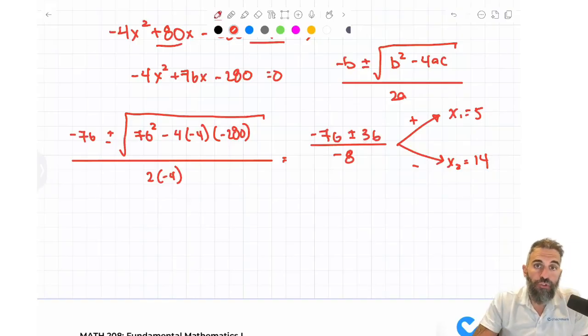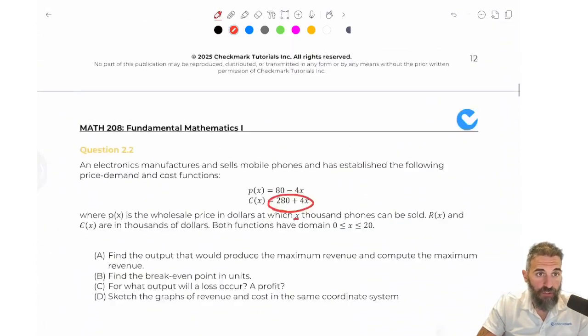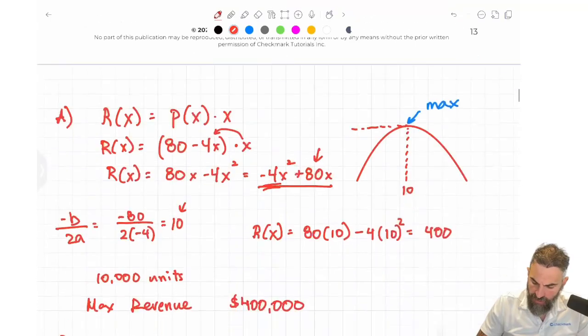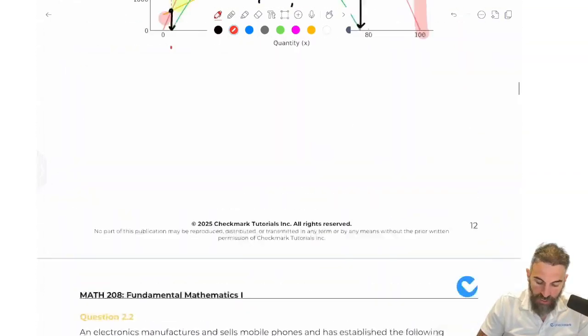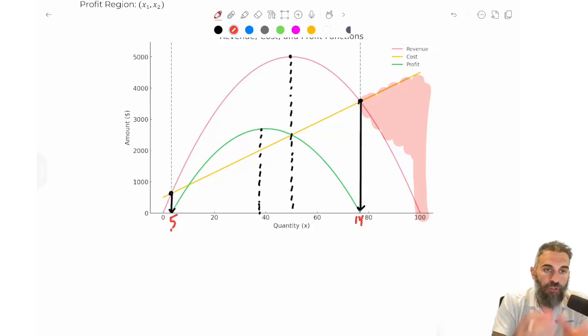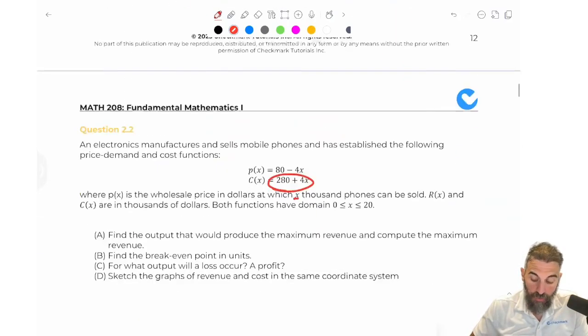So those are your two break-even points. If I were to go back to my graph from earlier, those are your 2 points here. So what do we say, 5 and 14? It means that at exactly 5 and at exactly 14, your revenue equals your costs, and so your profit would equal 0. Those would be your break-even points.